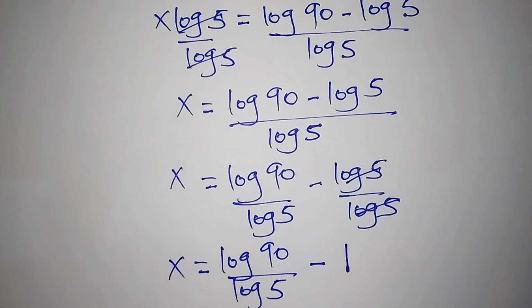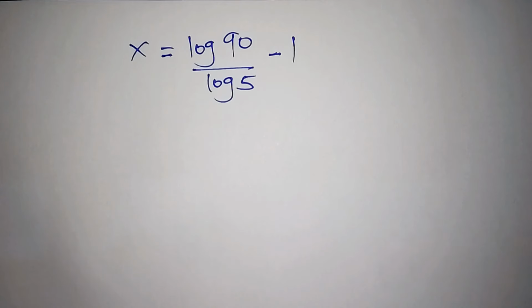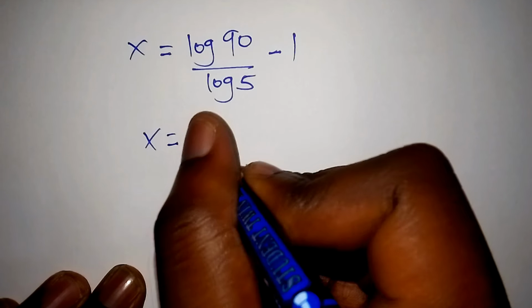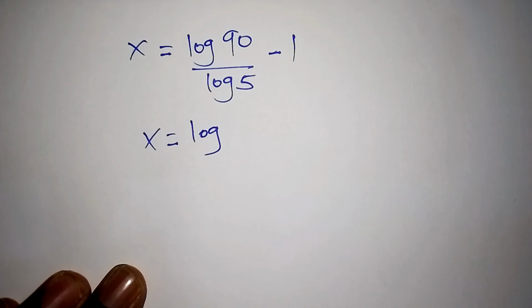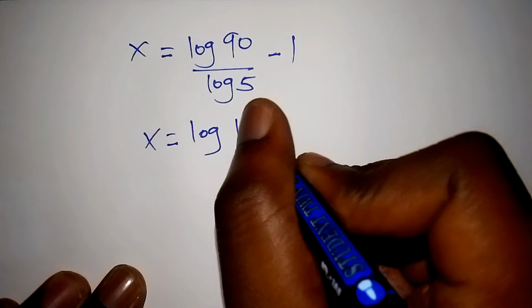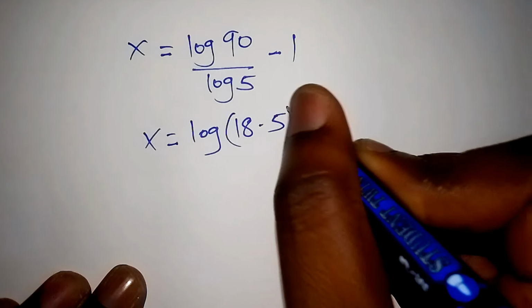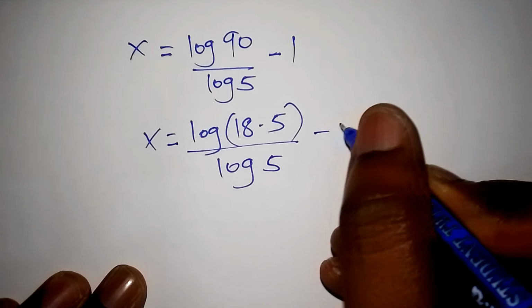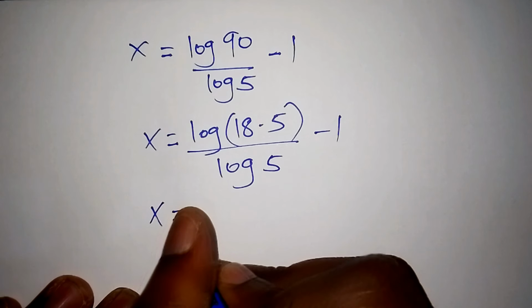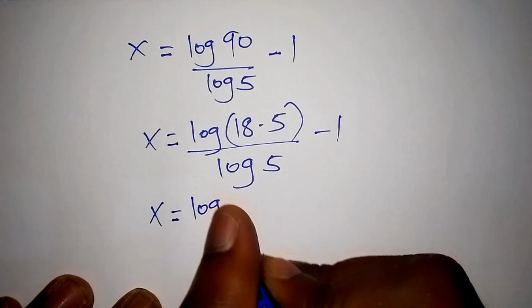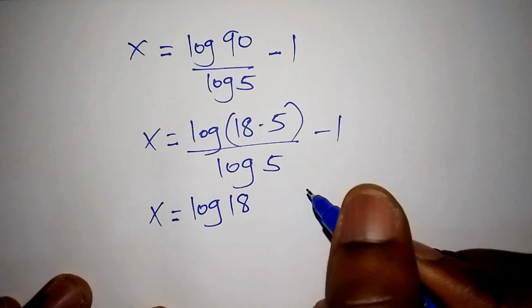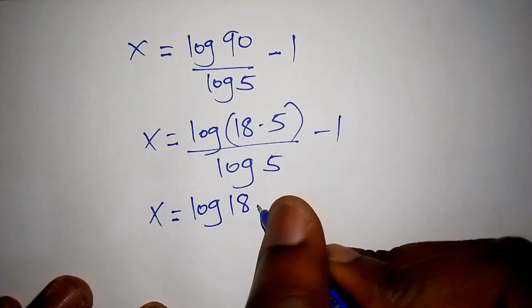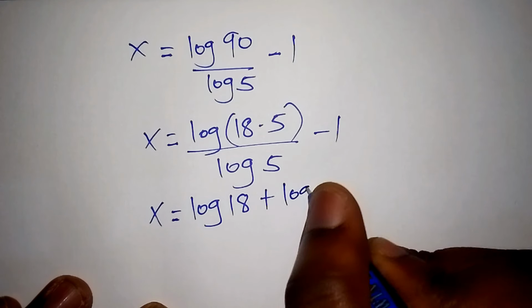So now our value for x is equal to, so the log of 90 can also be written as the log of 18 multiplied by 5. We put them in brackets all over the log of 5 minus 1. So x is equal to, so we shall now have the log of 18, then the multiplication sign changes to addition, so plus the log of 5.